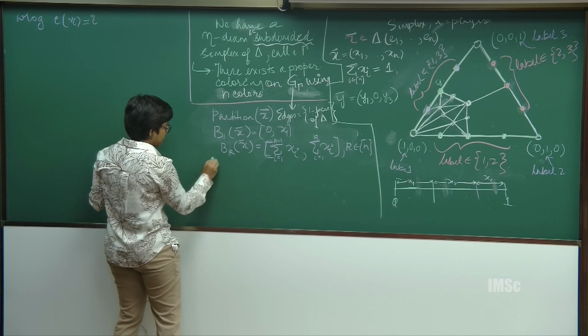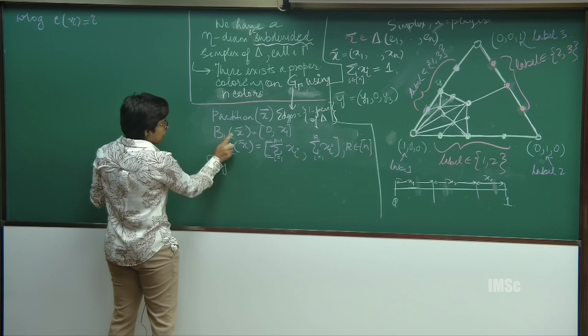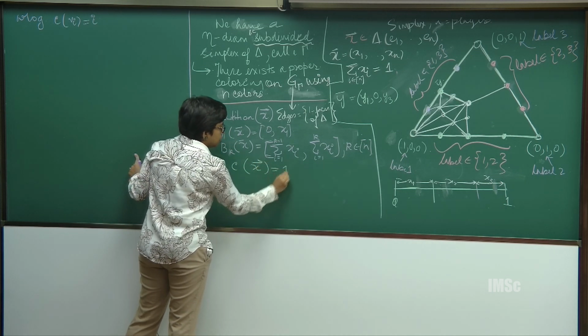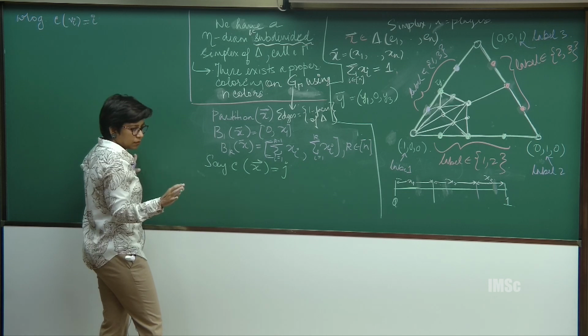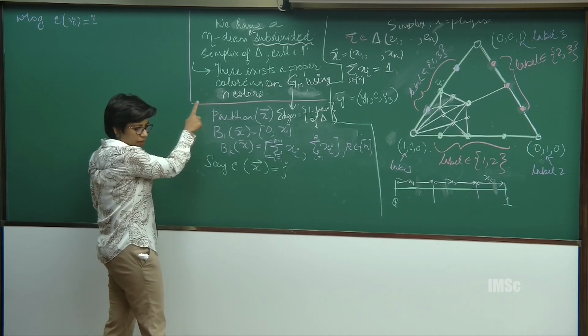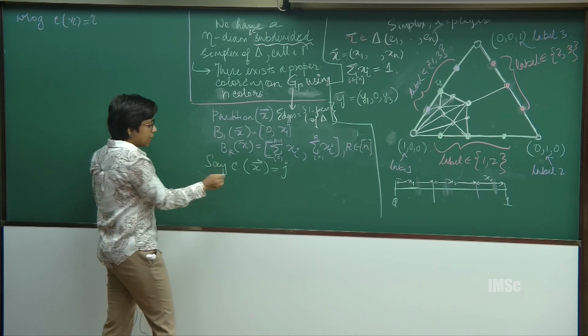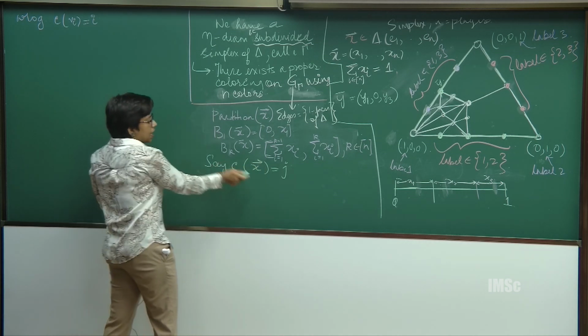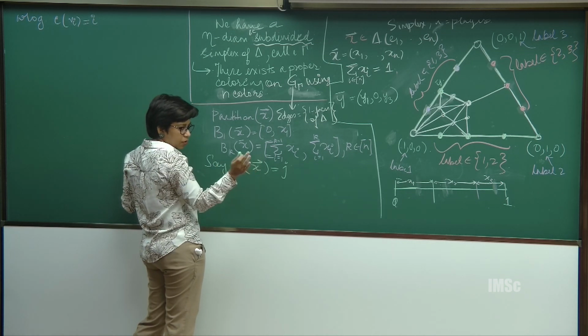Suppose the color of this vertex is j. We know that there exists a proper coloring. So for every vertex, I see this coloring and I infer what the color is.